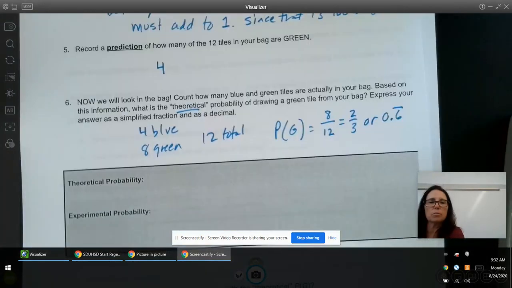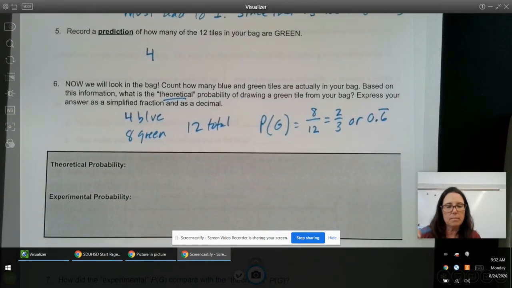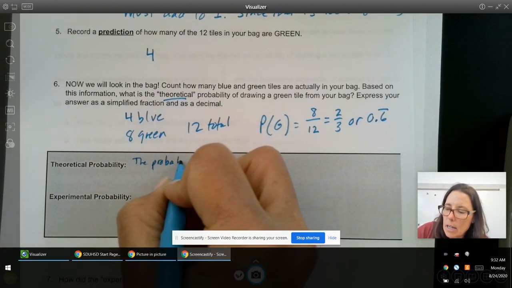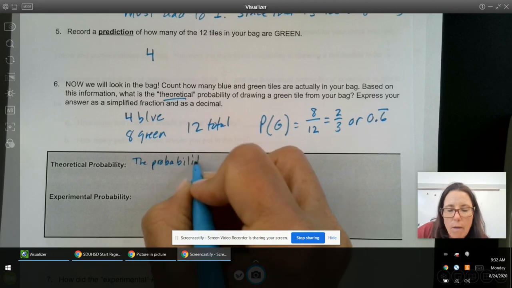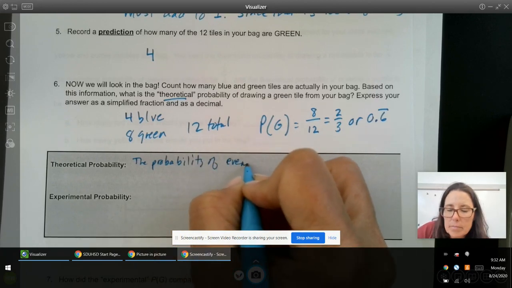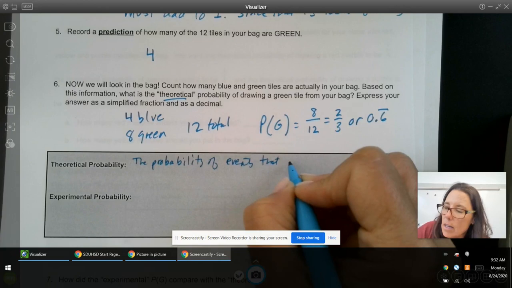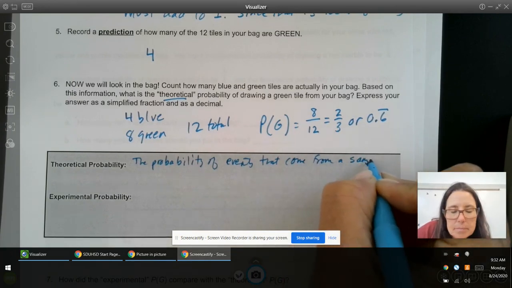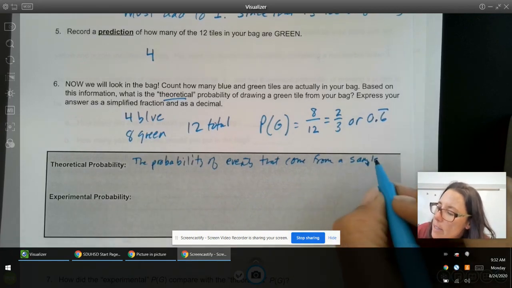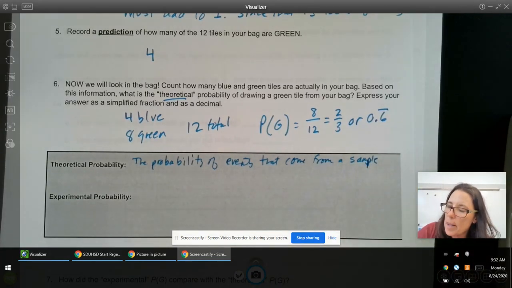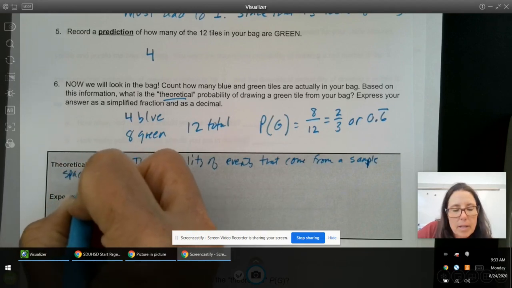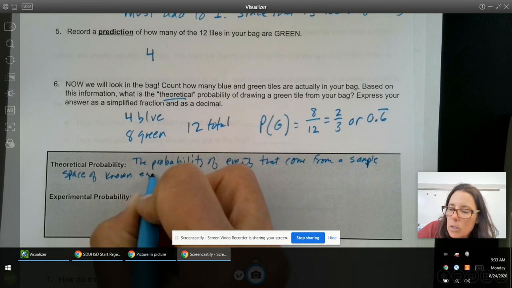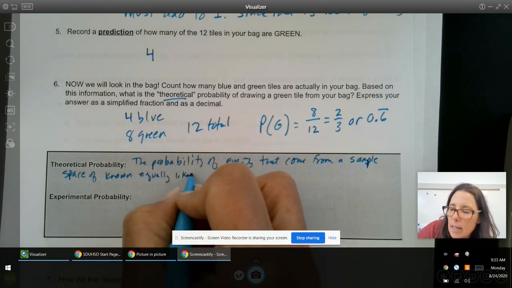Theoretical probability: the probability of events that come from a sample space of known equally likely outcomes.